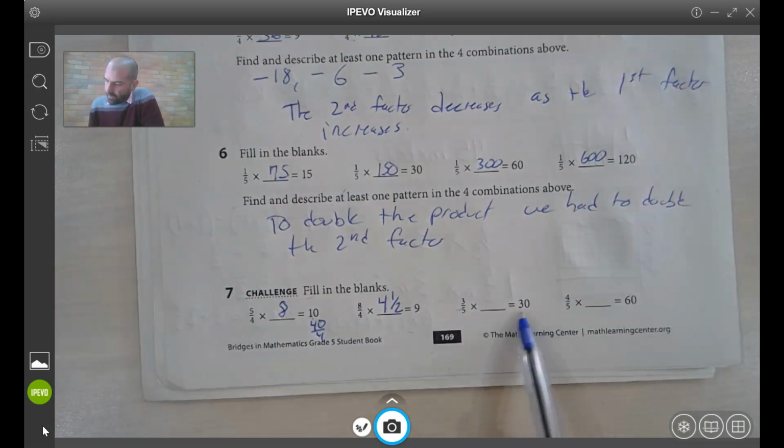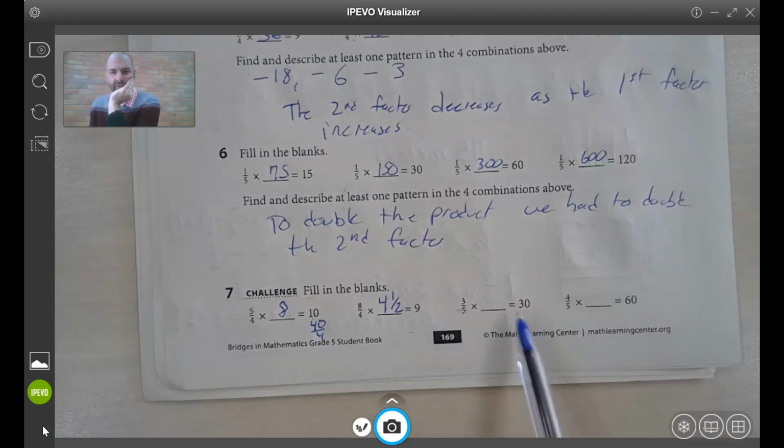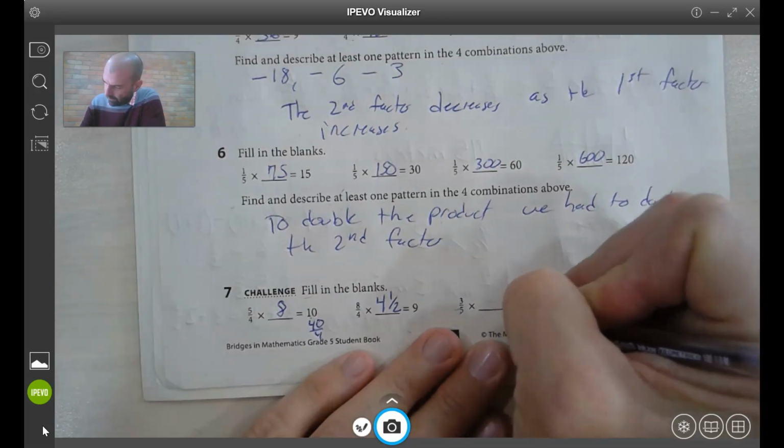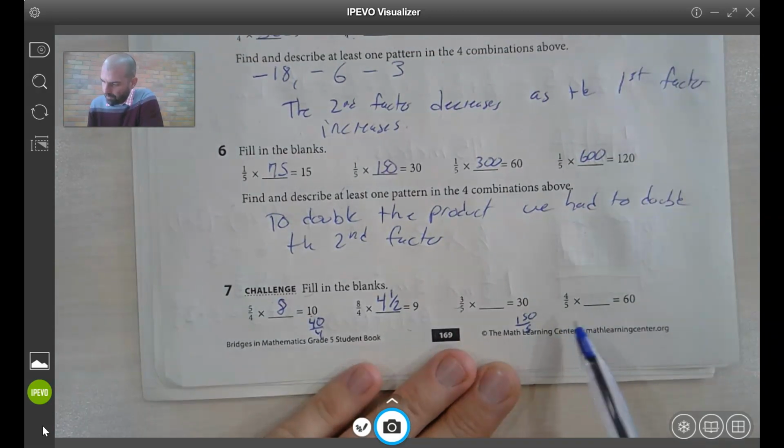3/5 of something is 30. Don't think of it that way. This is like 30 divided by 3/5. How many 3/5 are in 30? So how many fifths are in 30? That would be 150 fifths equals 30, right?